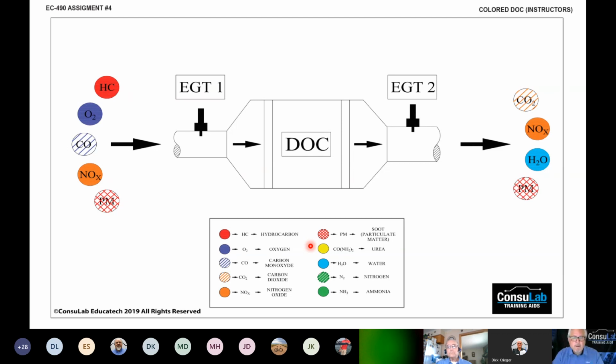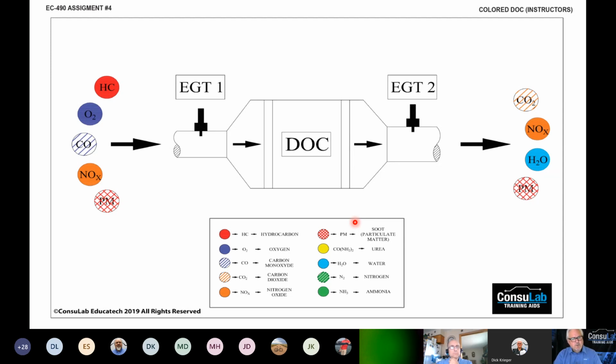If you have a login to the website, you can find these materials under the EC490 unit. But they are copyrighted. If you have one, you have the rights to use it. But please respect our copyright.